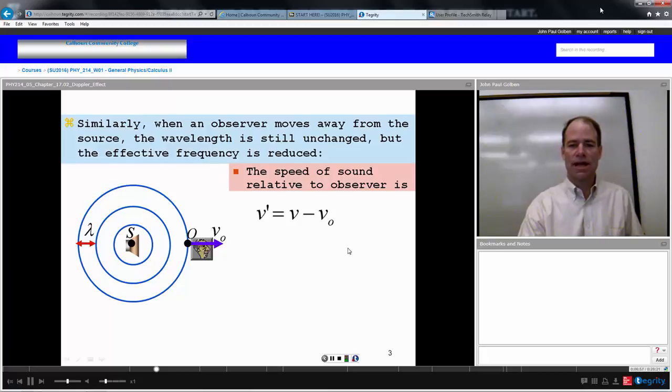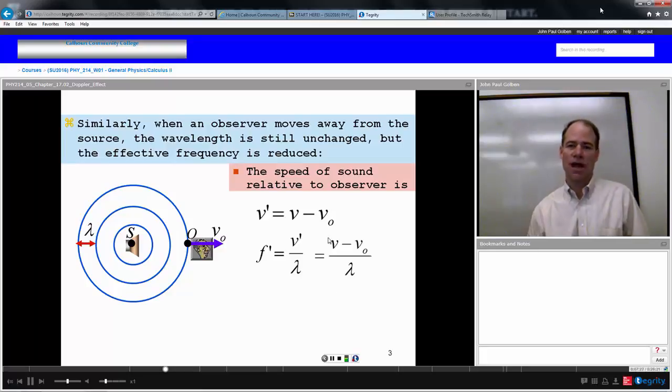So in this case, the speed of sound that I observe, v prime, is equal to the actual speed of sound, v, minus my velocity. And so that's going to be v minus the velocity of the observer. So the observed frequency will be this modified speed of sound divided by the actual wavelength of the sound.